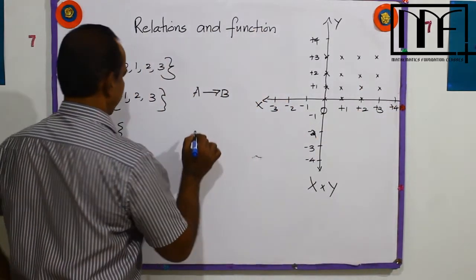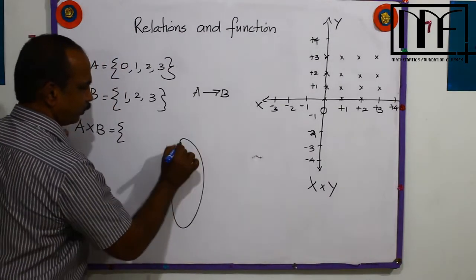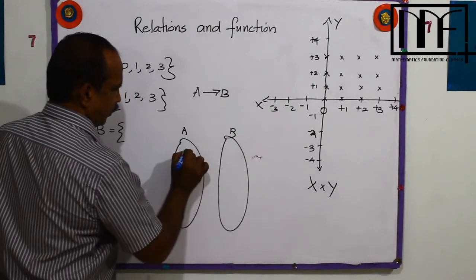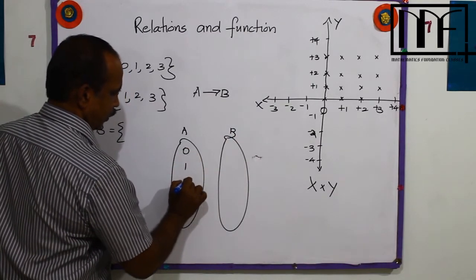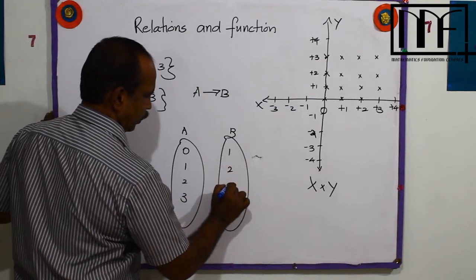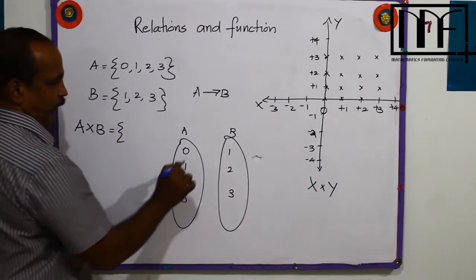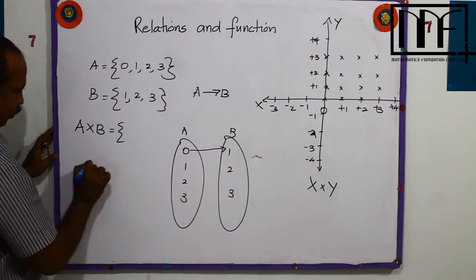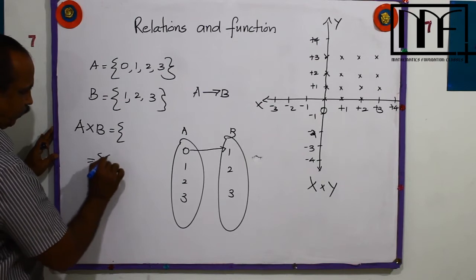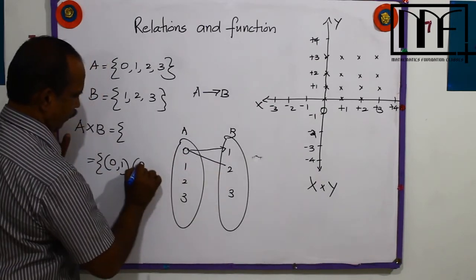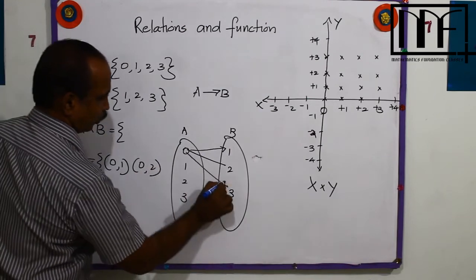So I will show the relation between A and B. A has 0, 1, 2, 3 and B has 1, 2, 3. If you connect 0 to 1, the first element is the ordered pair (0,1), and (0,2) and (0,3).